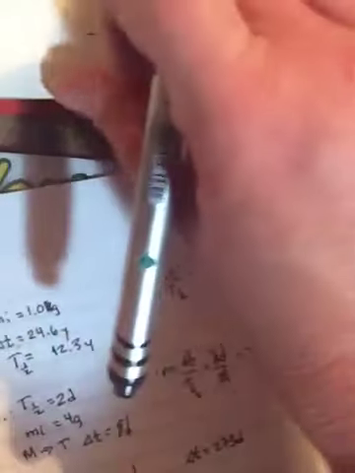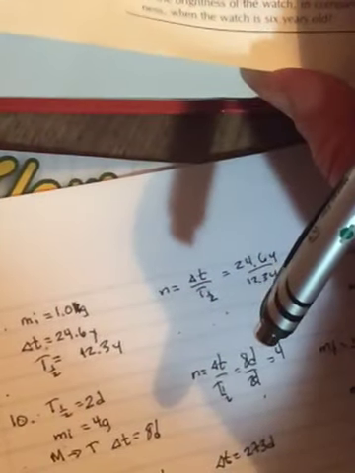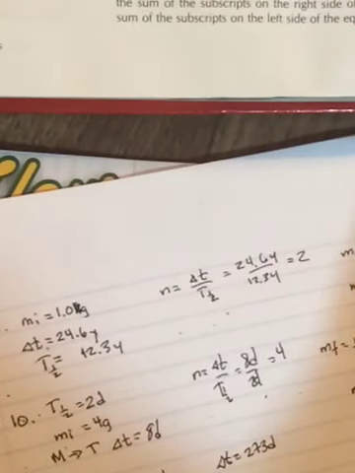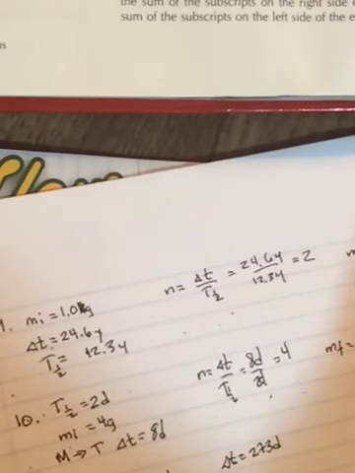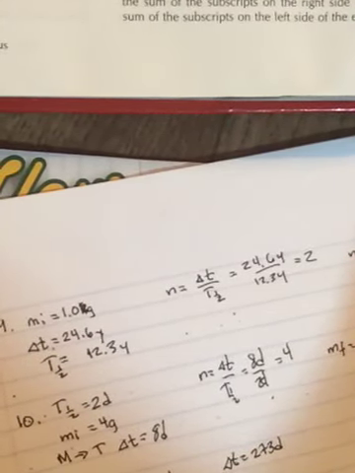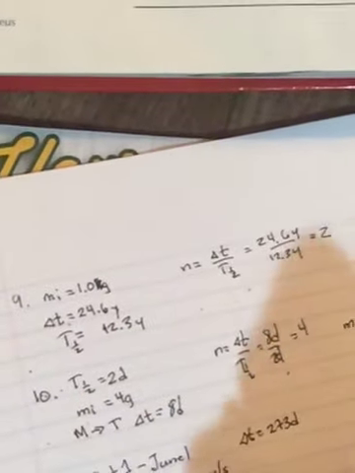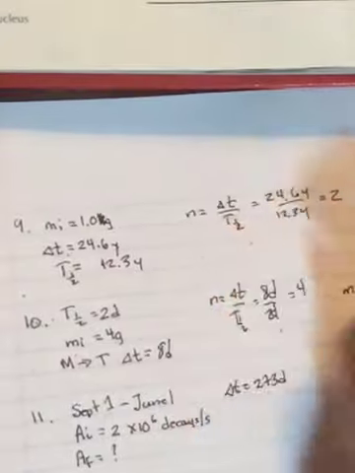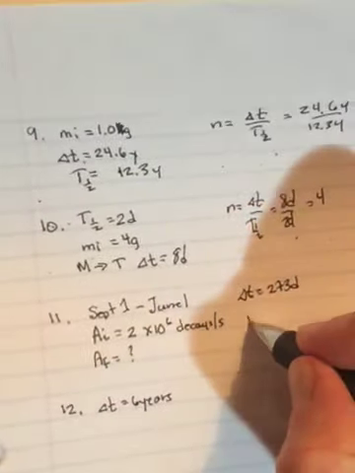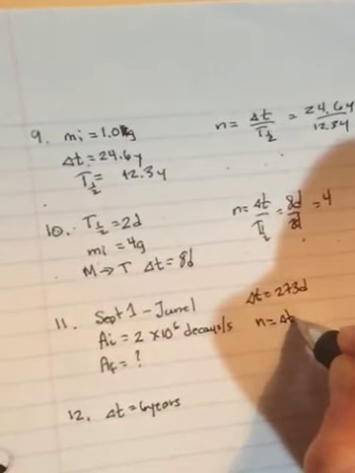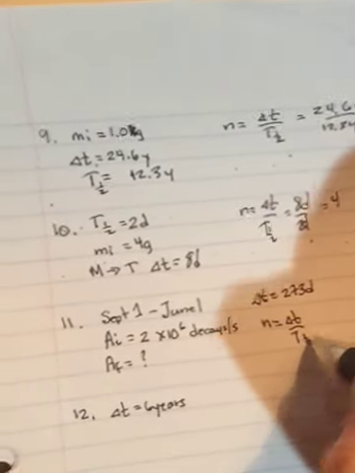And if you flip back to the chart, and it's polonium 210, you'll see it has a half-life of 138 days. And so we can do number of half-lives is equal to delta T over T 1/2.